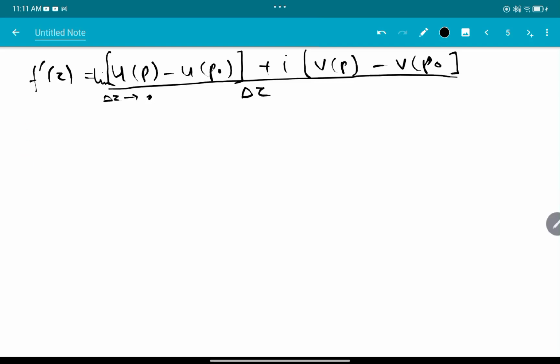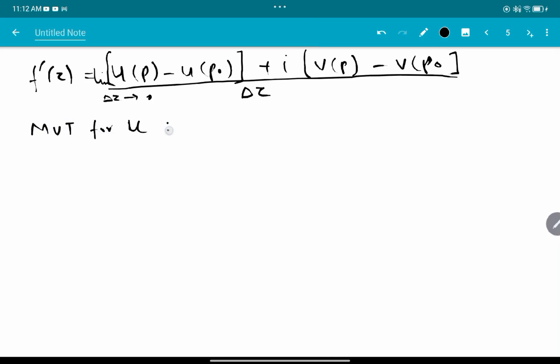Now I will use the mean value theorem for u and v separately. First let me take the mean value theorem for u.